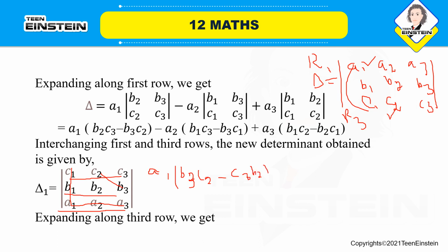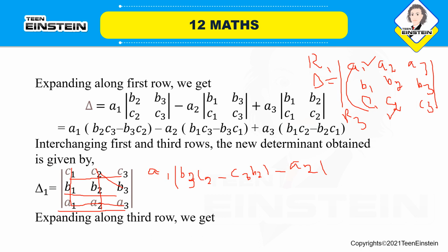C3, B2. Okay. In the next position, that is the A32 position, we have the element A2. For the 32 position, we have a minus sign. So minus, the next element is A2. If you delete the row and the column having the element A2, then you will get C1, C3, B1, B3.